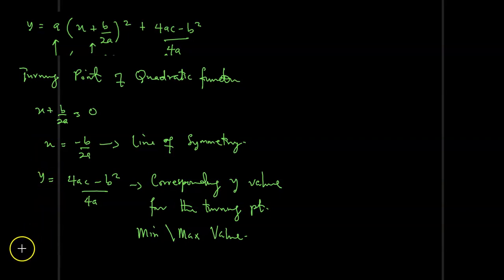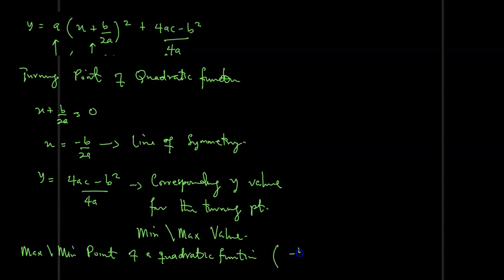So we can finally also say that the maximum or the minimum point of a quadratic function is given as minus b over 2a and then 4ac minus b squared all over 4a.